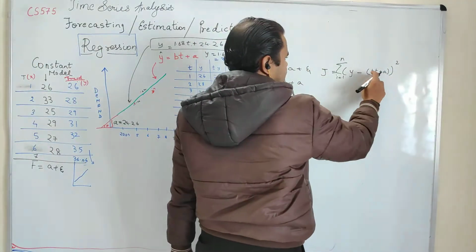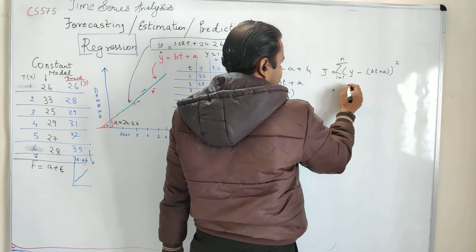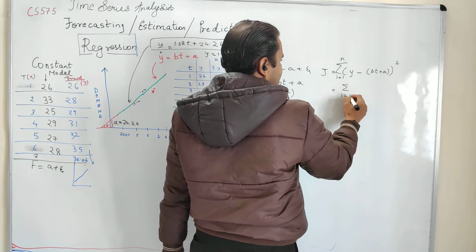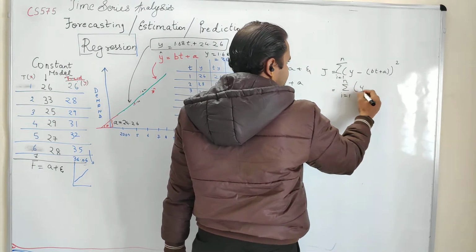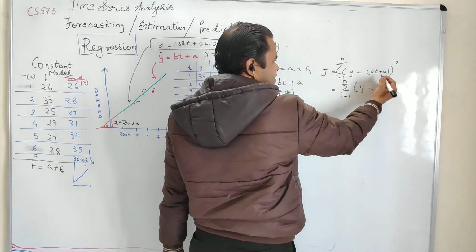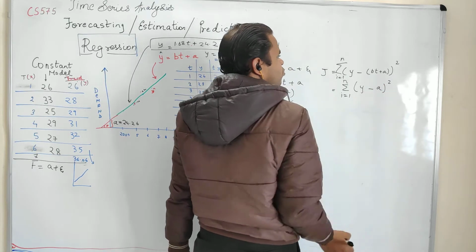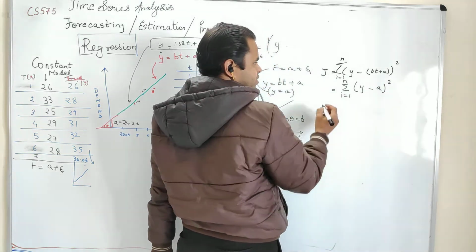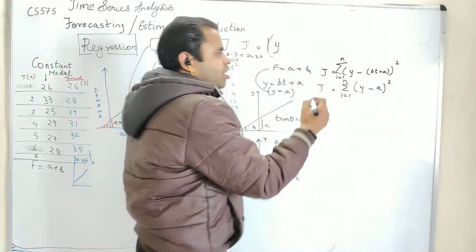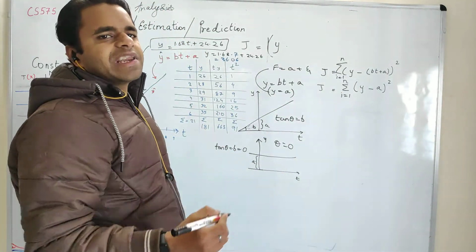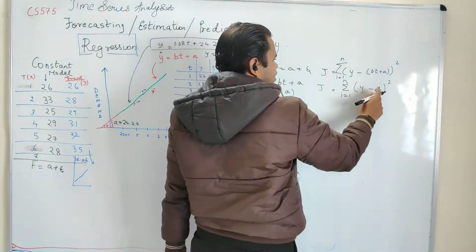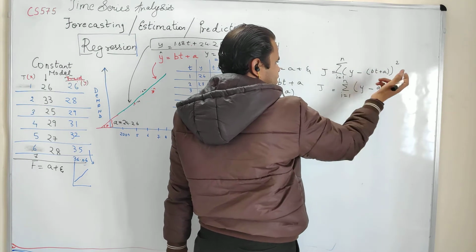Now as we saw, b is 0, basically the slope is 0, so we can rewrite this as the summation of y minus a whole squared, since 0 into t gets cancelled. Now we need to minimize this since we are dealing with a constant model. So I will differentiate with respect to a because t is already gone.